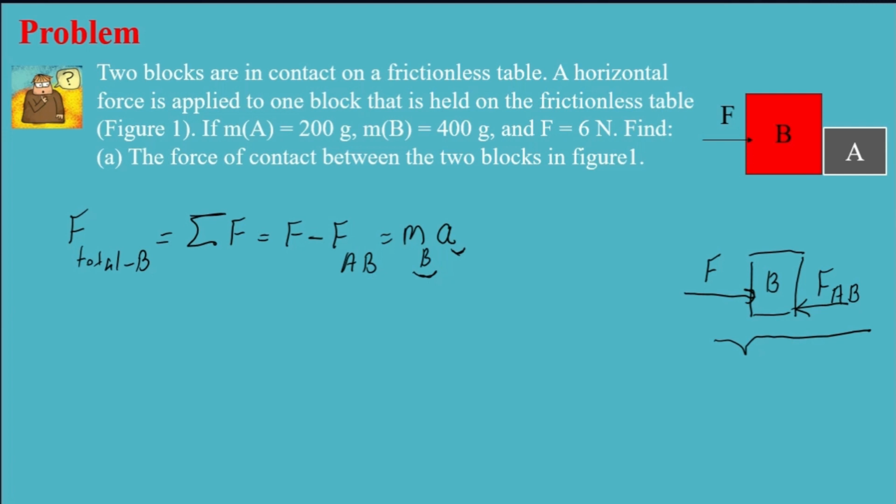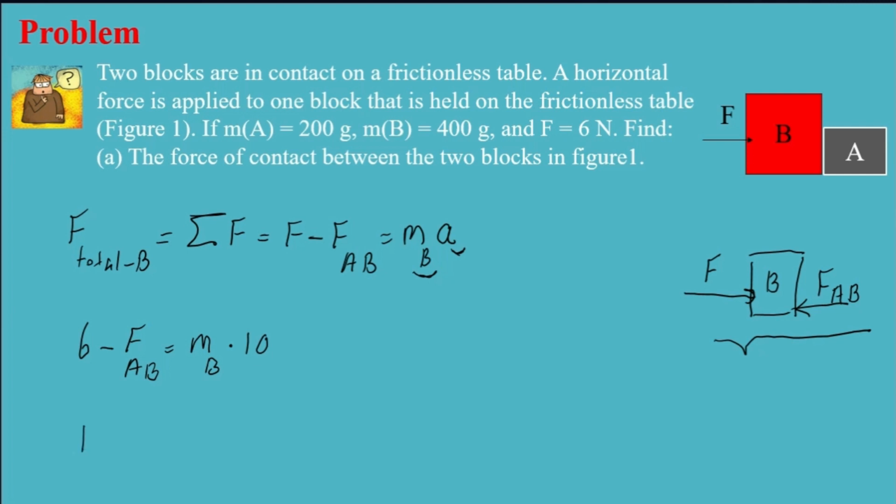So now my F is going to be 6 minus, I'm looking for FAB, equal to MB. Again, remember I have to do the unit conversion here. So I'm going to keep it as MB till I find it, and also my acceleration is going to be 10. Now let me do the unit conversion for MB.